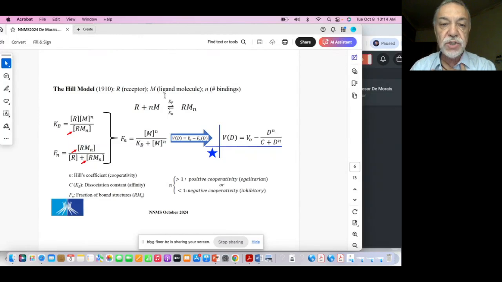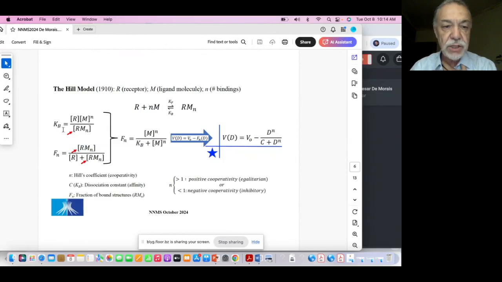We can represent this as a sort of equilibrium, and then we have the forward constant of equilibrium and the backward constant of equilibrium. The standard way to describe the forward or backward constant is in terms of the concentration of the species on the left-hand side and the right-hand side of this process.